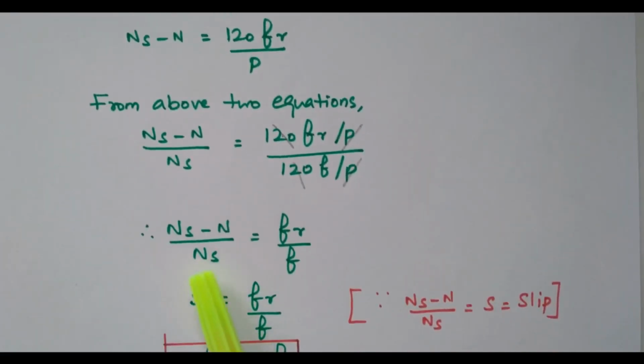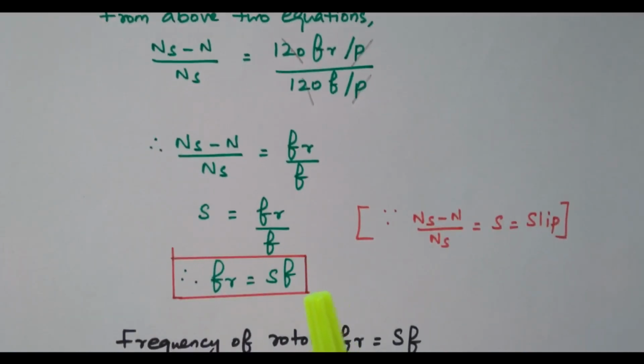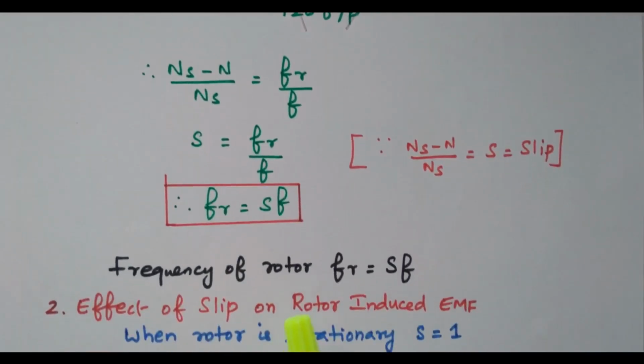So we get (ns minus n) divided by ns equal to Fr divided by F, rotor current frequency divided by supply frequency. We know that (ns minus n) by ns is the slip of the induction motor, s. So s equal to Fr divided by F. Bringing F to the other side, Fr equal to s into F. So the frequency of the rotor current is slip into supply frequency.